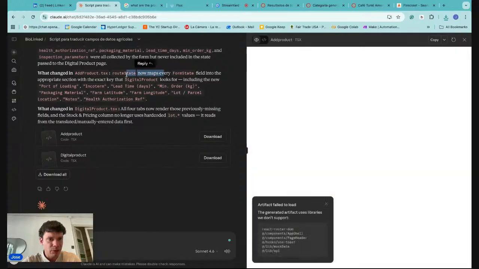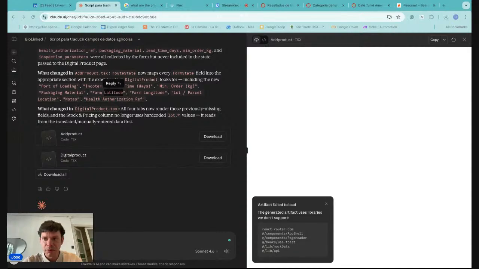So route state now maps every form state field into the appropriate section. Okay, so from add product, it maps it directly into our digital product, into this interface.